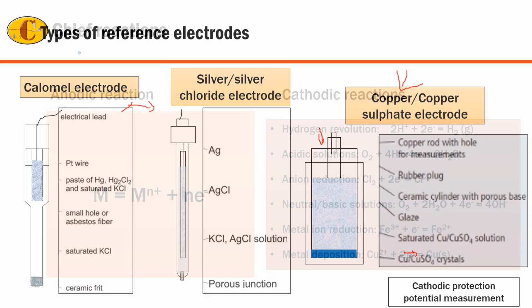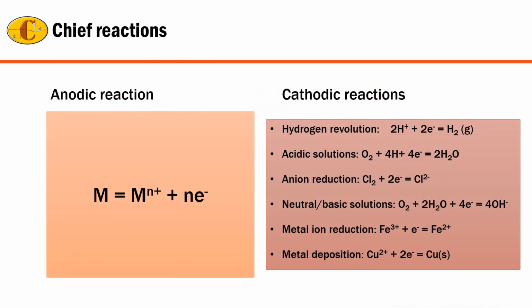Now the chief reactions that occur in any corrosion consist of anodic and cathodic reactions. Anodic reaction is always a loss of electrons. Cathodic reactions, however, can be different. So they will depend on what is present in that particular electrolyte. If it is too acidic, usually you will have hydrogen evolution. If it is neutral, you will have hydroxide formation because you will have dissolved oxygen.